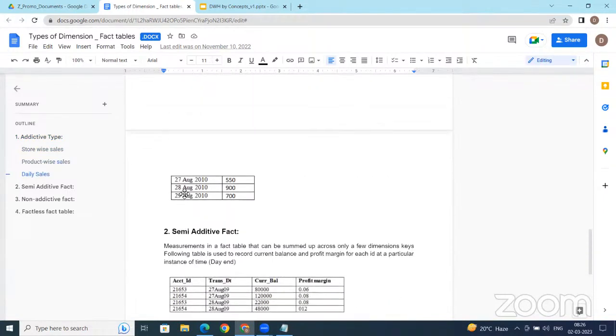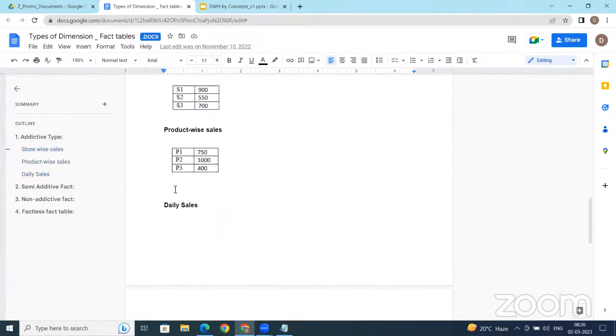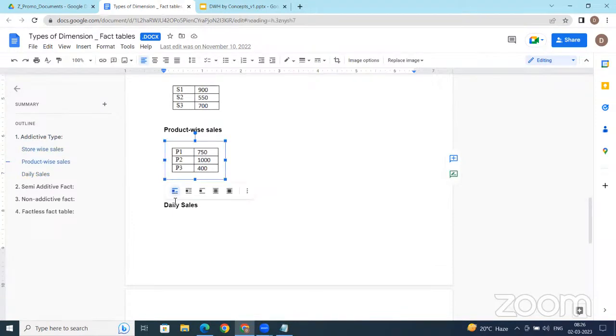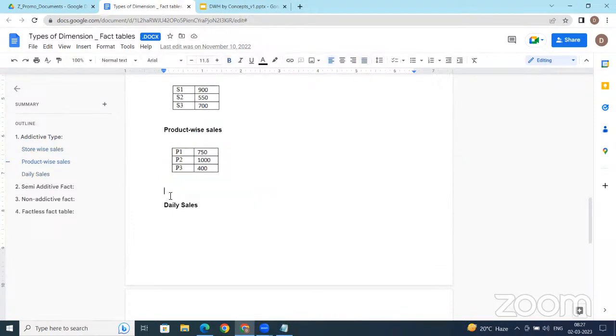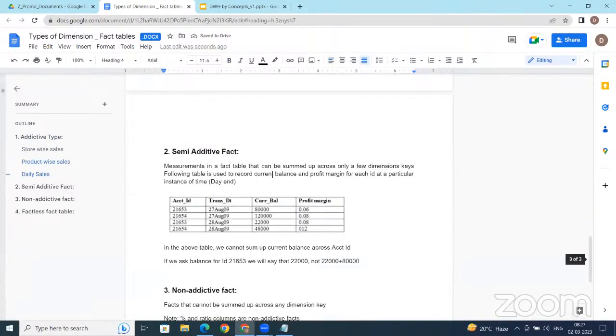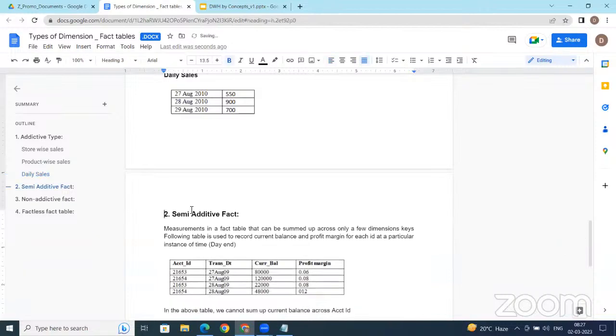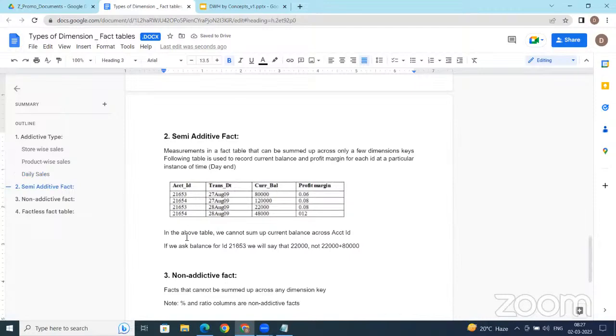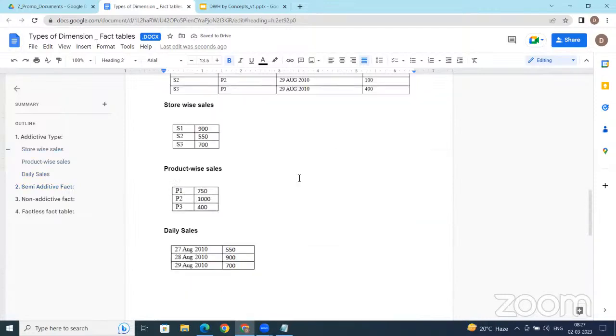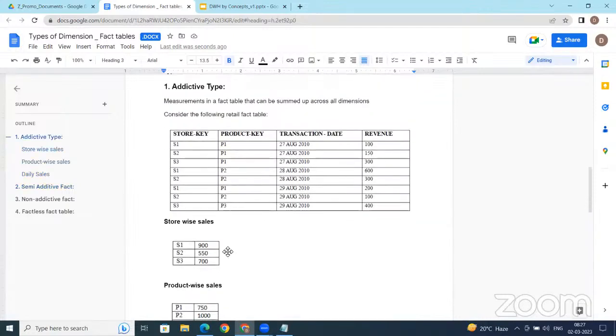These are important, especially in the retail industry. They want to know the day-wise sales. If it's a textile business, they want to know how many products got sold today and what revenue was generated, day-wise, store-wise, product-wise.